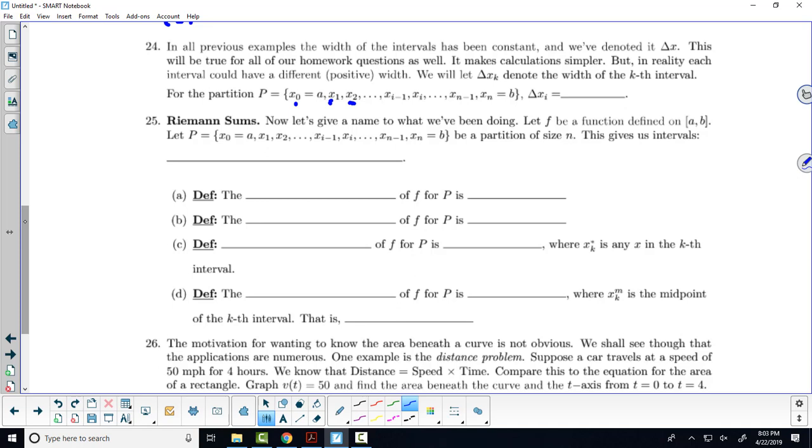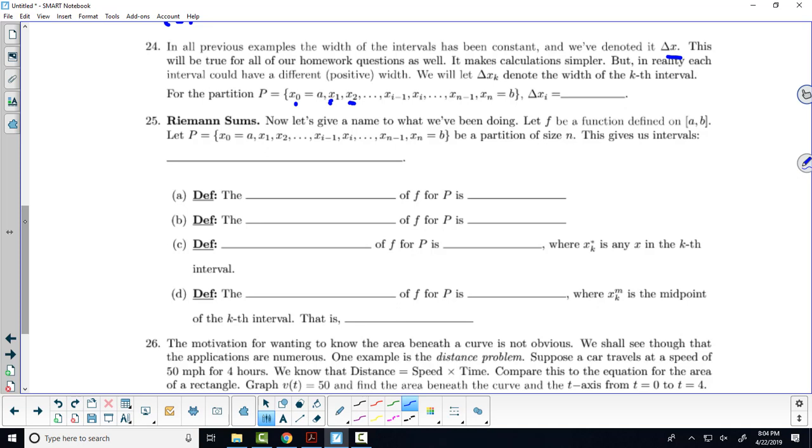You can still do all of this calculus that we're doing right now. You just have to ensure you've got an ordered list of values. That's all it has to be. So in the examples I give you, we will always have a common width just because it makes the calculations much easier to work with. But when I give the abstract definitions, I'm not going to assume that we have a common width.